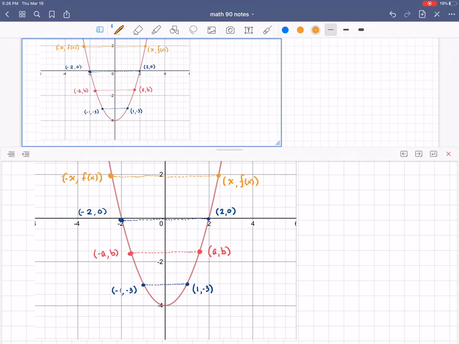But you know that this is the graph of a function. The y-coordinate of every point is the output that that function assigns to the x-coordinate input.